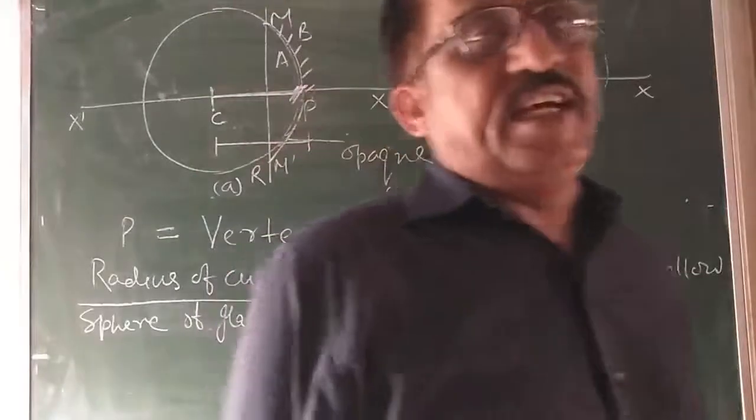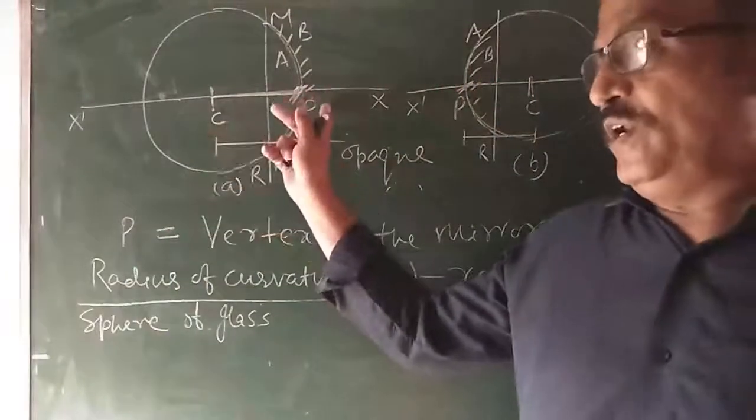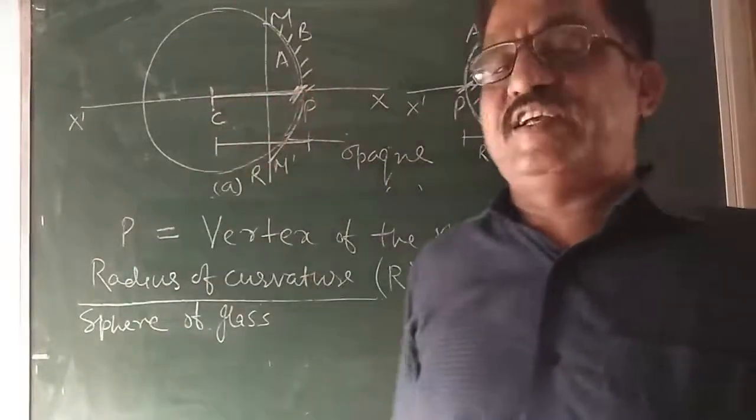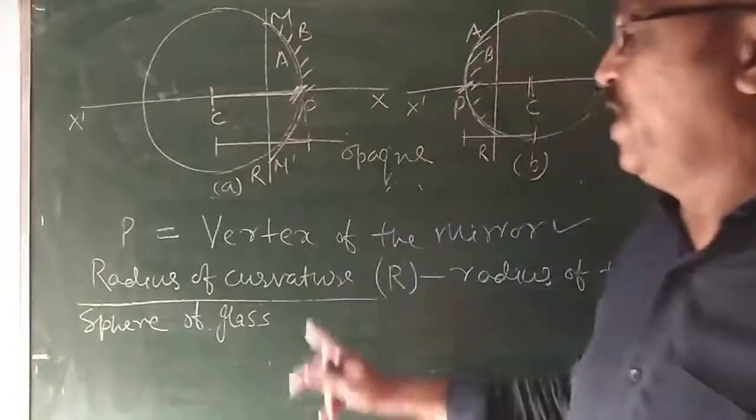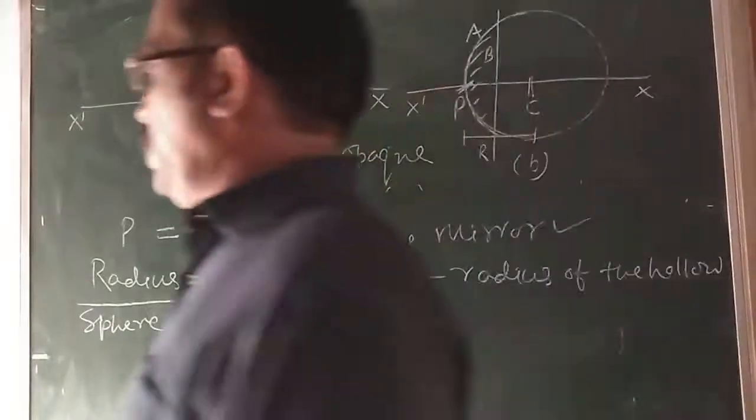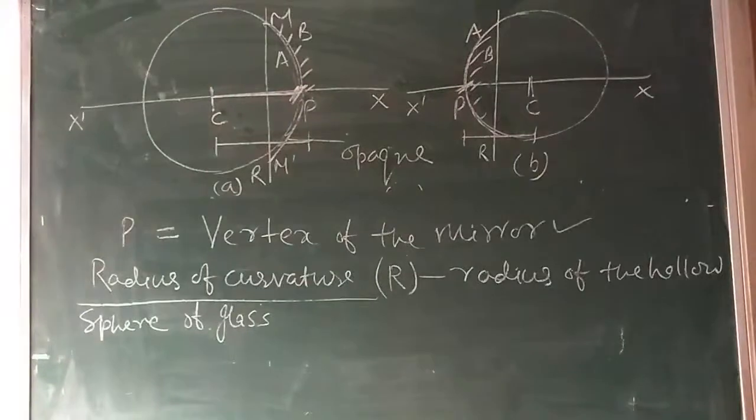Or I can say it is the distance from the pole to the center of curvature. This is called radius of curvature. Is it clear? Yes, sir.